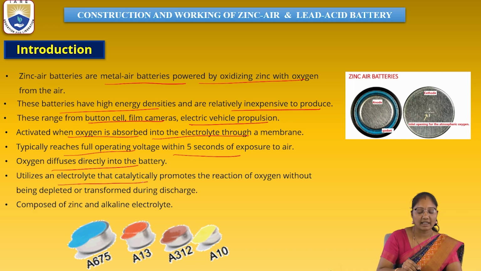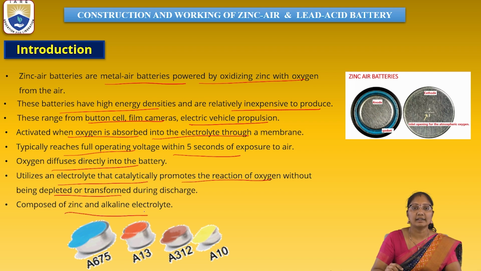It utilizes an electrolyte that catalytically promotes the reaction of oxygen without being depleted or transformed during the discharge process. It is composed of zinc and an alkaline electrolyte. Here it is a metal air combination of zinc and air, with an alkaline electrolyte.